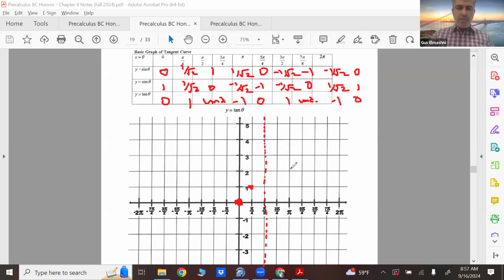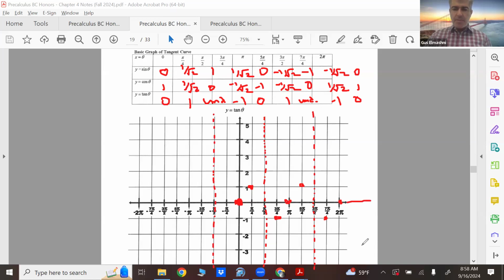Then at 3 pi over 4, wait a sec, now I'm a little confused. Oh yeah, -1, 0, +1, another asymptote. Seven pi over 4, -1. And just for good measure, I'm going to do another cycle for negative x values.